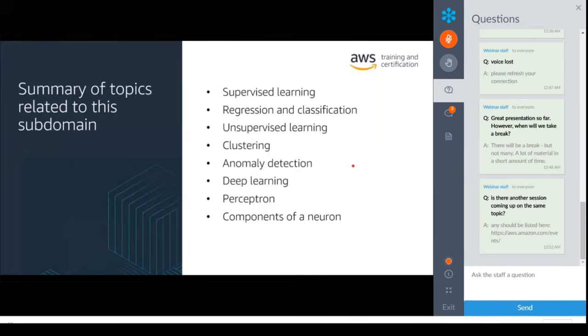So from the business side, in this subdomain, just be aware that there are many different algorithms you might choose to use, and be familiar with each of these. As you can see, there's a pretty long list here. Be familiar with some deep learning and computer vision, and the use cases for these.